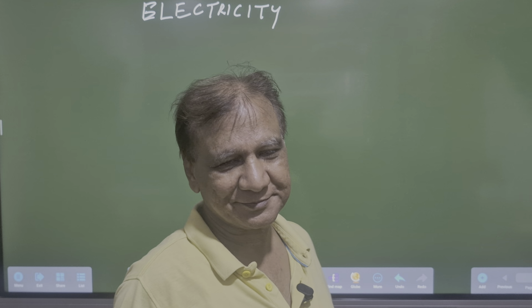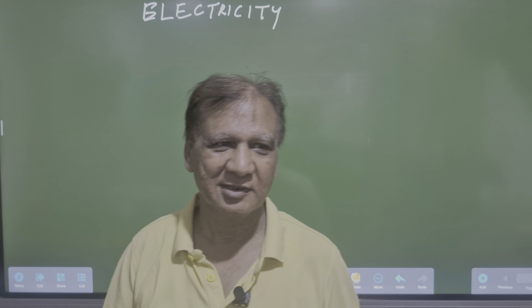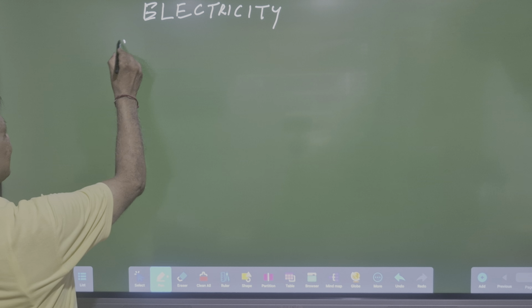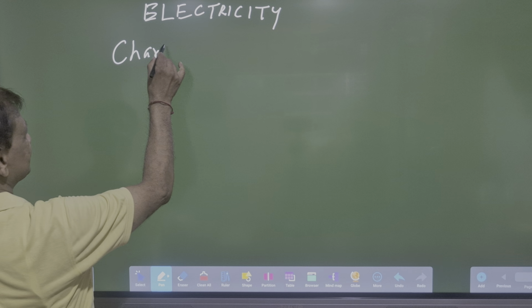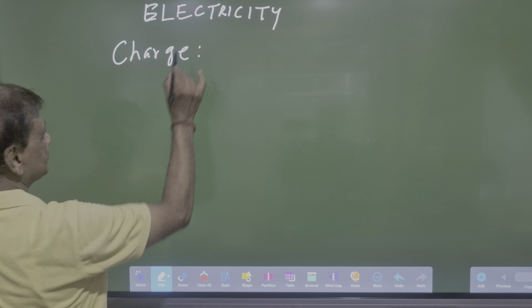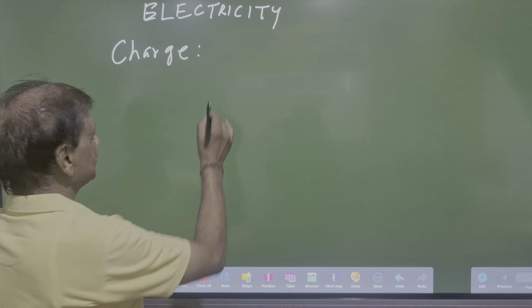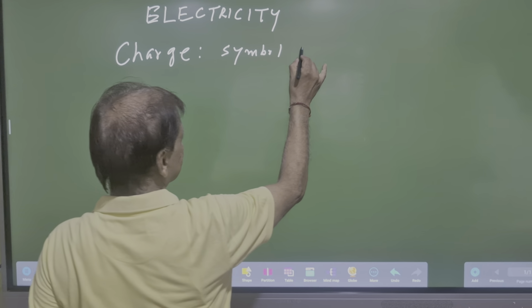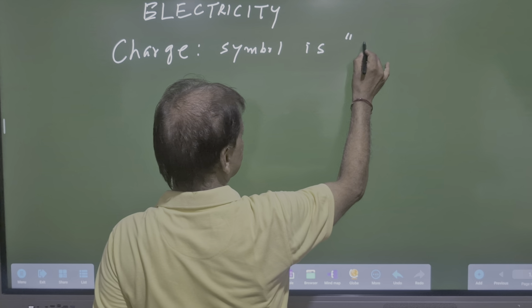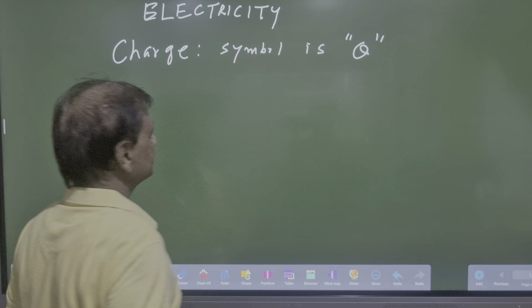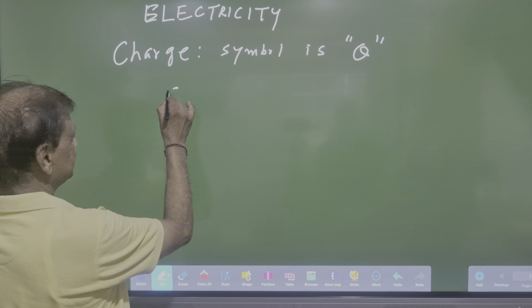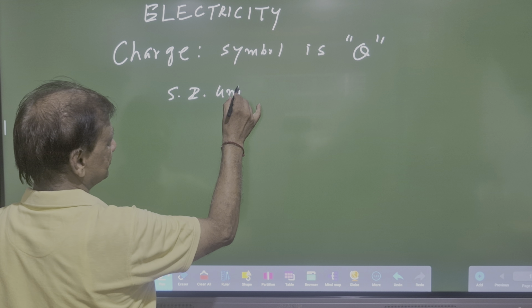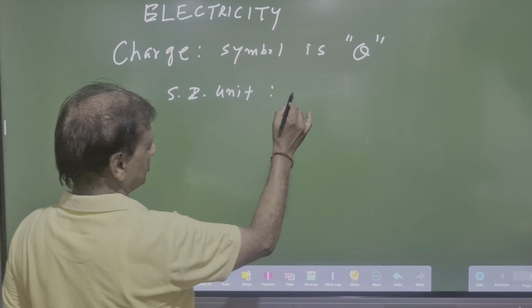So electricity, you know, the first thing in electricity when we study is charge. The symbol of charge is Q. The SI unit is Coulomb.